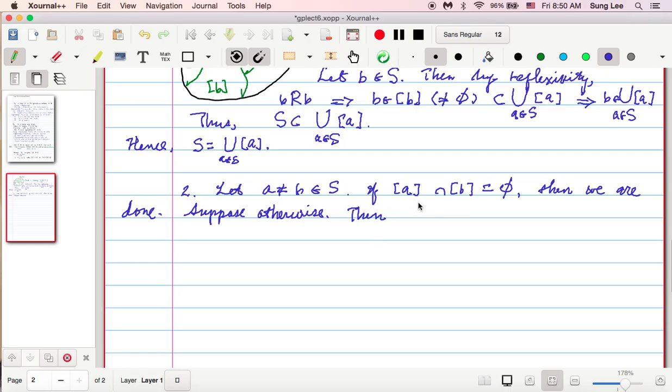Since this is not empty, there exists, remember this notation, an element C in the intersection. There is at least one element in the intersection, because it's not empty. That's our assumption now.